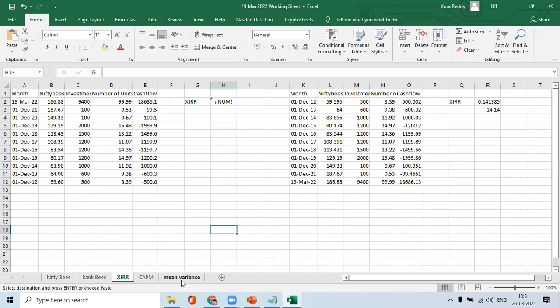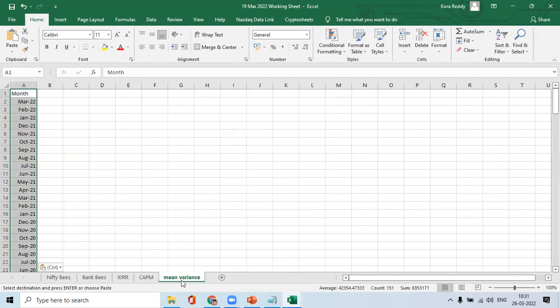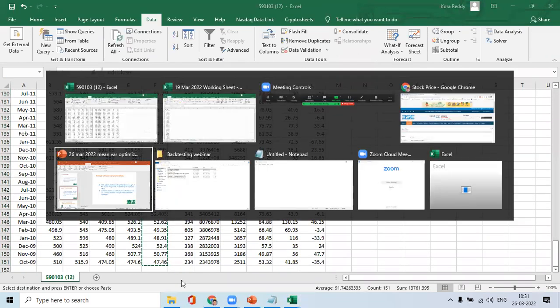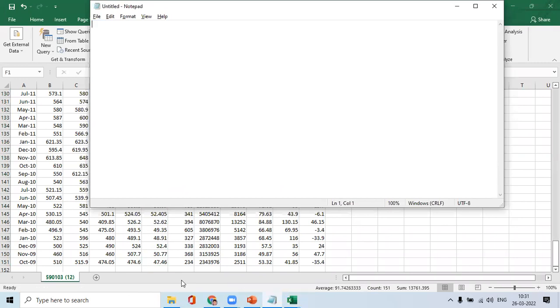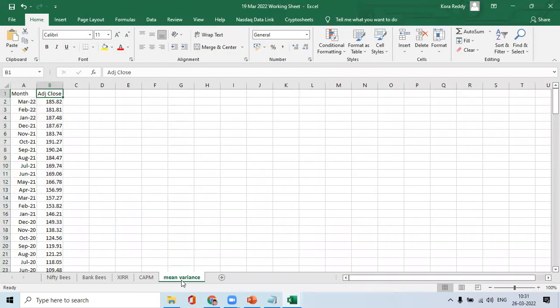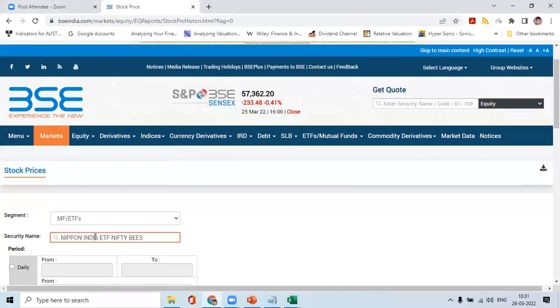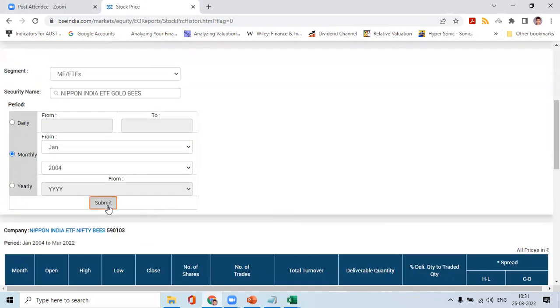And I will copy them here. Dates. I want my Nifty Bees values. So this is Nifty Bees. And I will get the gold data for the same time.